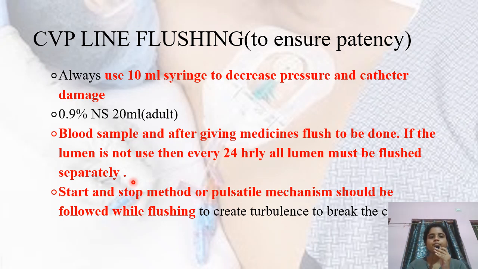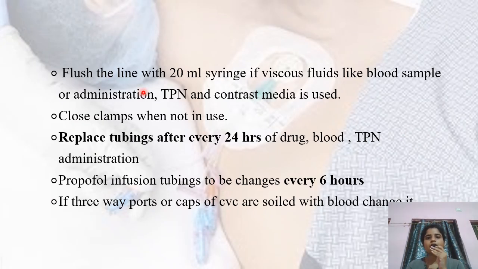The start and stop method creates turbulence and will break the clot if anything is present in the line. So flush the line with a 20 ml syringe for viscous liquids: as I've told, for blood sample administration, TPN or contrast media, you can use the 20 ml syringe.